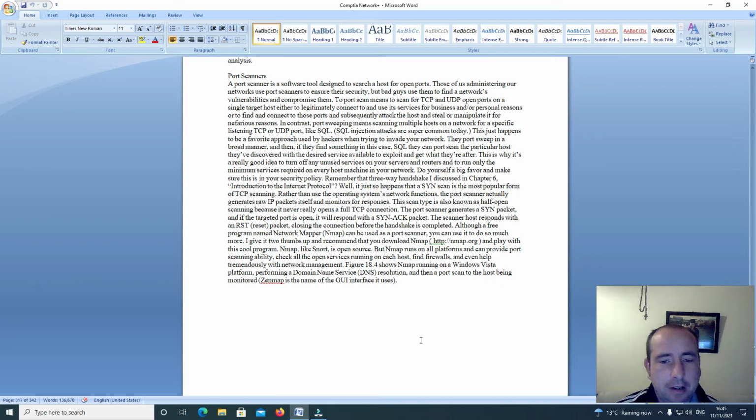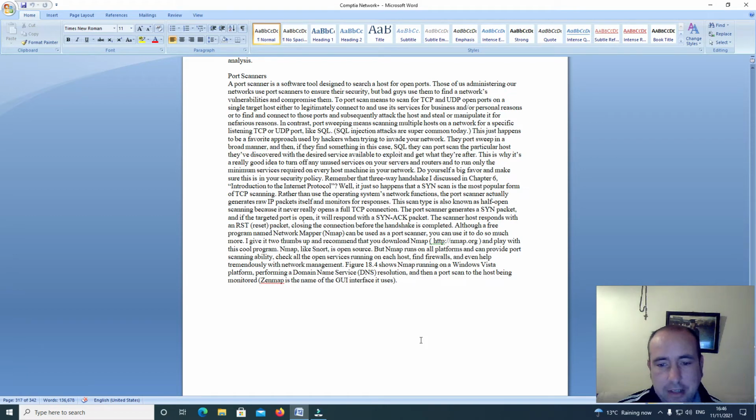Remember that three-way handshake I discussed in chapter 6, Introduction to the Internet Protocol? Well, it just so happens that a SYN scan is the most popular form of TCP scanning. Rather than use the operating system's network functions, the port scanner actually generates raw IP packets itself and monitors for responses.